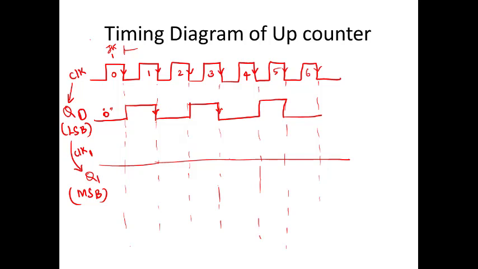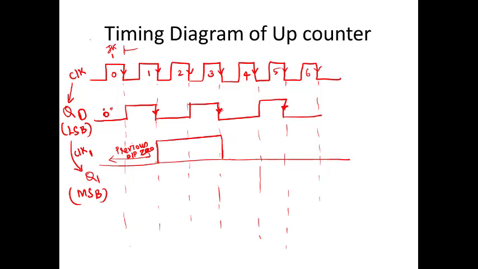Now assume that till here your previous output is 0 for the second flip-flop. Assume this. From this point of time, you have a toggle condition. Your clock is given as a clock to this bit. Now previous state is 0. Till your next clock, you will be having 1.